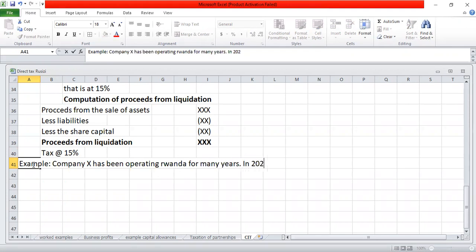In 2021, the company terminated its activities in Rwanda.